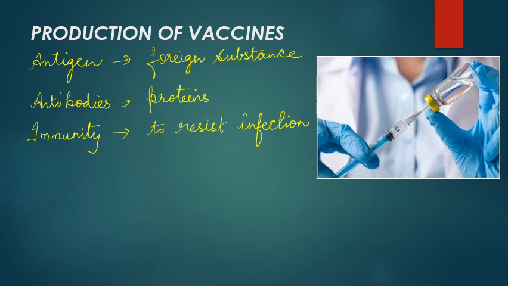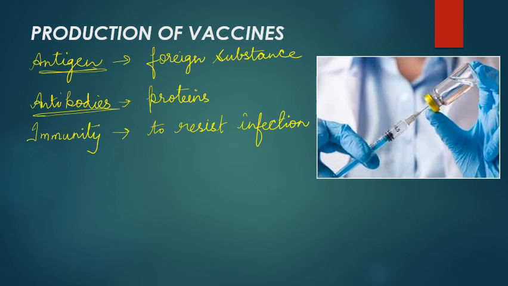So the same is the condition of vaccines also. These antibodies are the army of our body. They are present in our body to protect us from the enemy, and the enemy is this antigen. This is the foreign substance. This is the enemy, and the army is the antibodies.